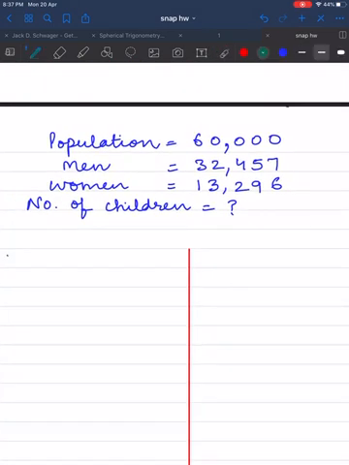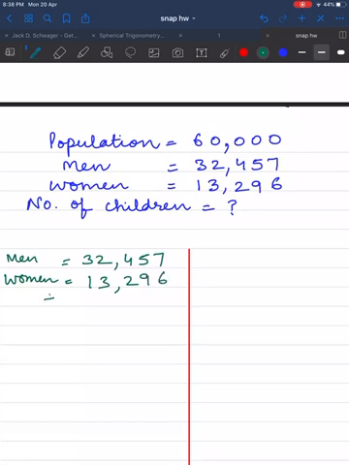So first we write men 32,457 and women 13,296. And now let us add these two. So we get 45,753.